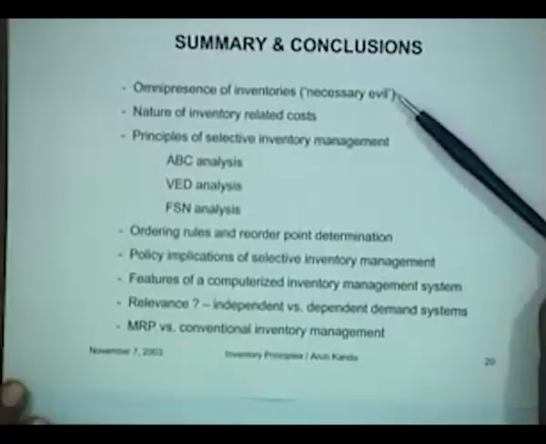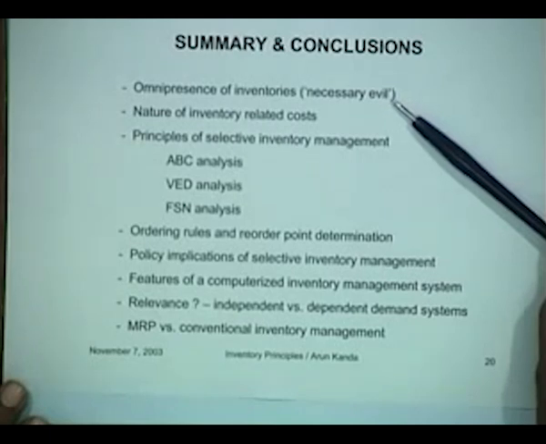Finally, let's put forward some of the major conclusions and a brief summary of what we have tried to talk about today. I think the first issue that came out was that inventories are a necessary evil. You need them for some reasons.